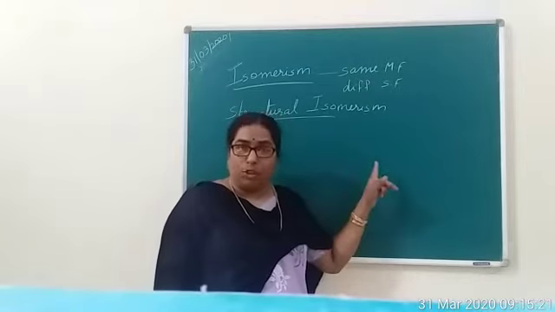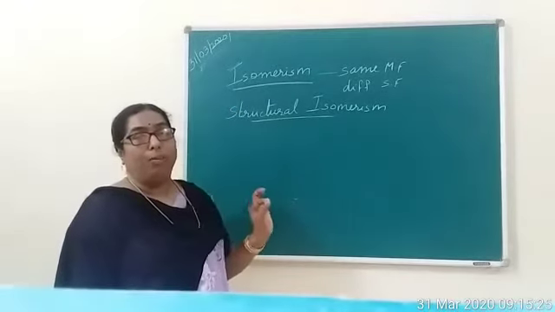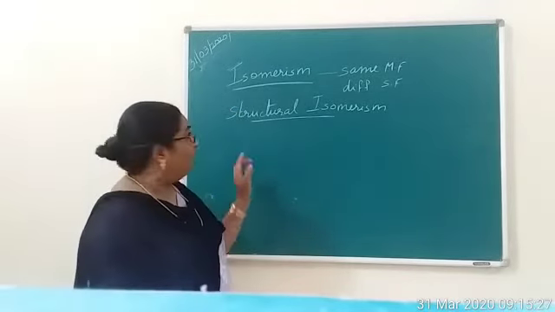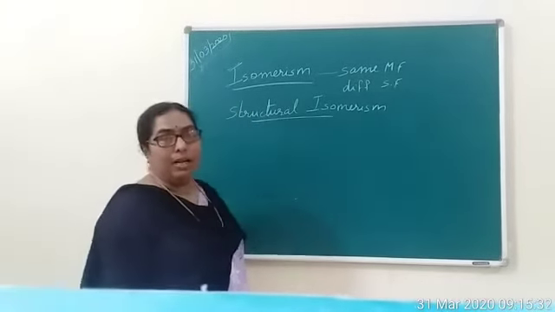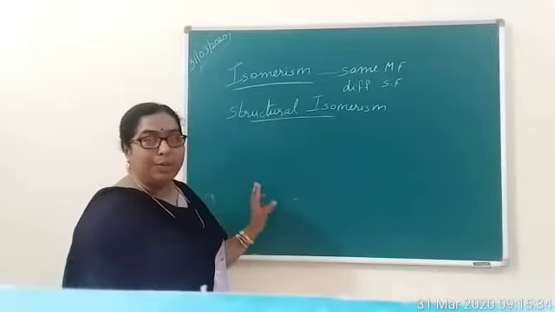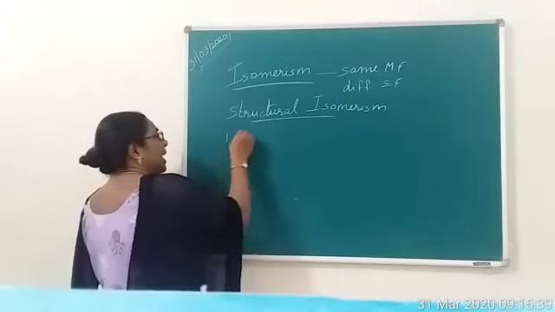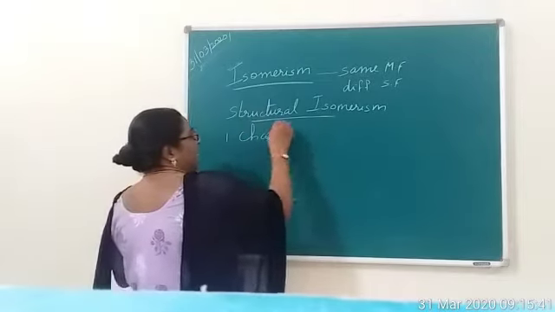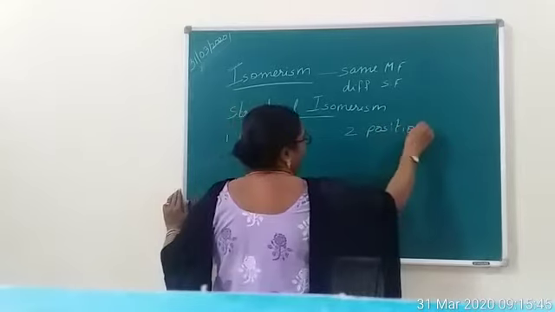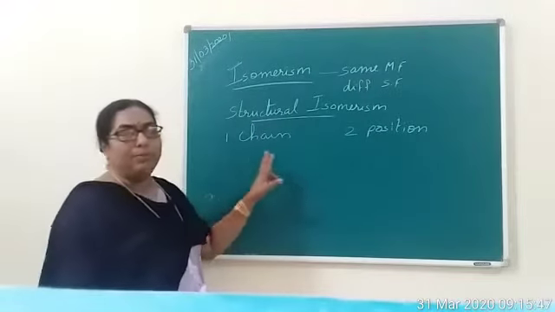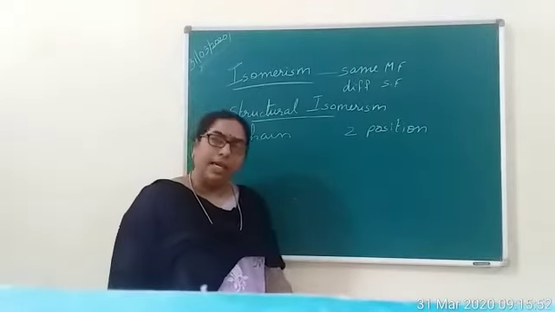In case of haloalkanes, they exhibit two types of structural isomerism, that is chain isomerism and position isomerism.